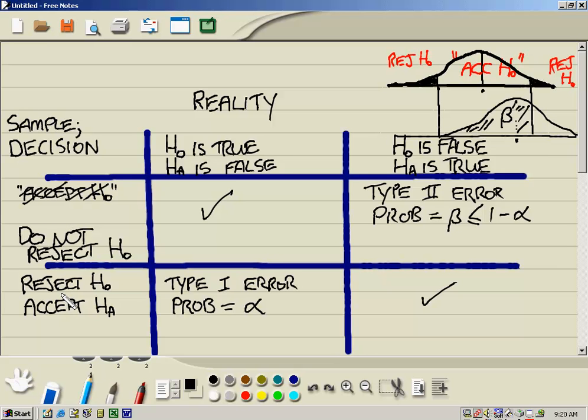The other side of the coin, if you like, where we reject the null, we understand the magnitude of that error probability. Alpha, we can handle that. 5% or 1% or sometimes 10%, we can handle that. What we can't handle is beta.